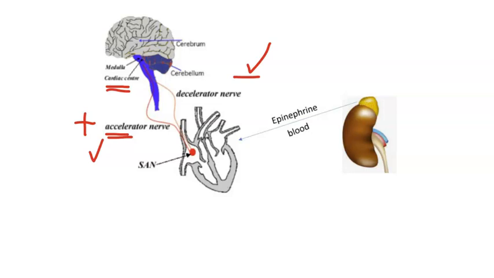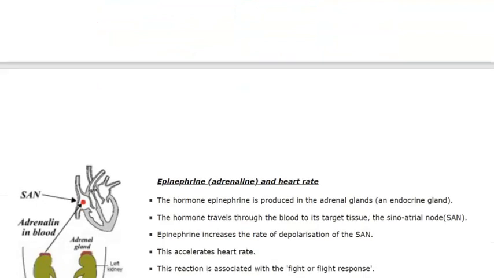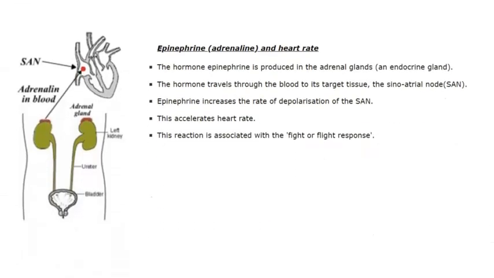There is another mode in which the heart rate can be altered, and that occurs due to the hormone epinephrine. Epinephrine is also known as adrenaline. This is produced from small organs on the apex of the kidney, called the adrenal glands.